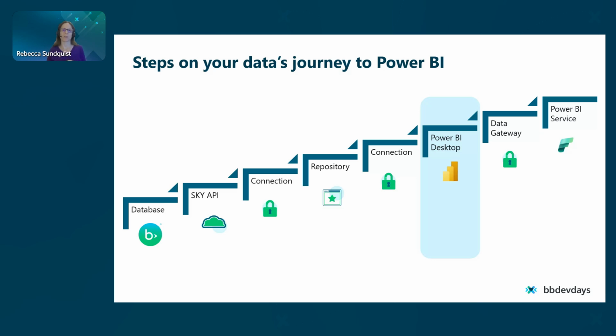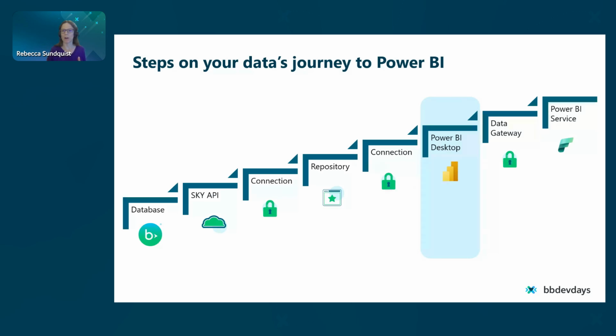Sometimes your data is going to be stored in a repository, and so you might need to make that connection to the repository where you've stored that data. But even to get the data into the repository, if you're using Sky API, you've got to unlock your connection to Sky API. So we'll talk about that step on this journey as well.